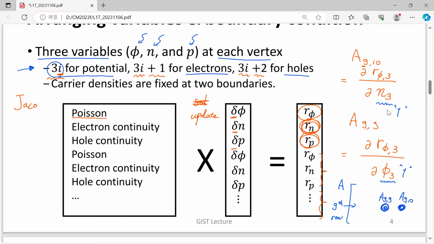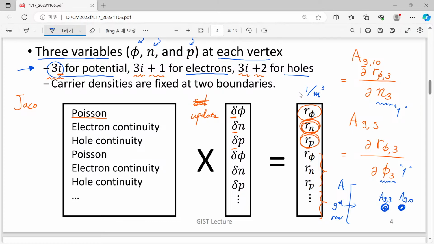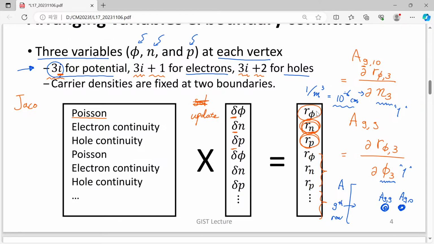If you change number 1 here, that corresponds to changing your electron density this way, because the unit of your electron density is per cubic meter, and this corresponds to 10 to the minus 6 per cubic centimeter, which is really an extremely small quantity.